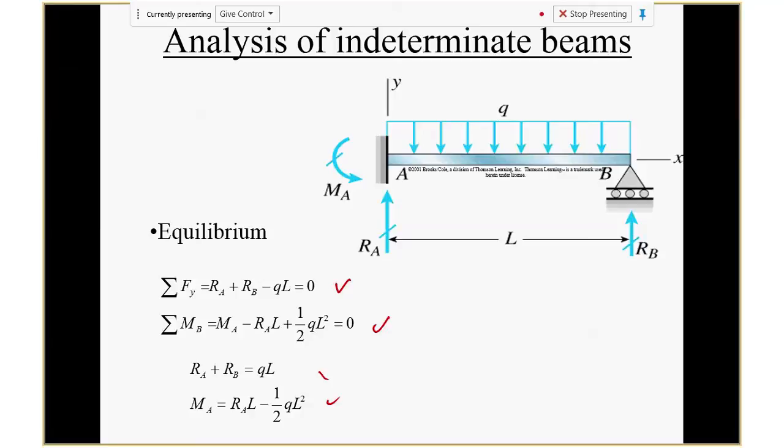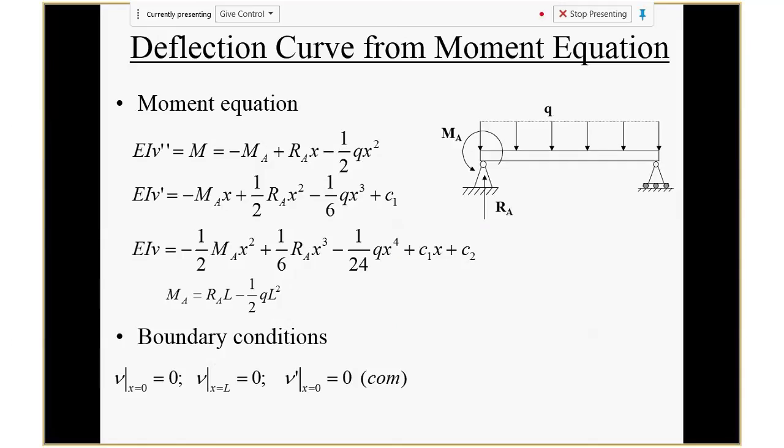The way to solve it is to remove the redundant restriction and change it to a determinate structure, then solve it. As we said, there are multiple ways you can remove the redundant restriction. Here I'm showing one way: I remove the moment restriction, the restriction on the rotation angle at point A. Because I remove that restriction, I have to put an MA there, so there must be a load there.